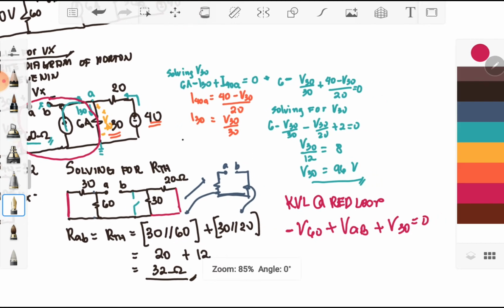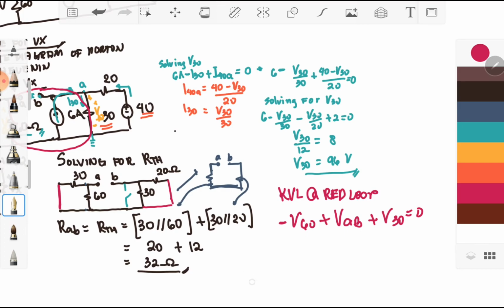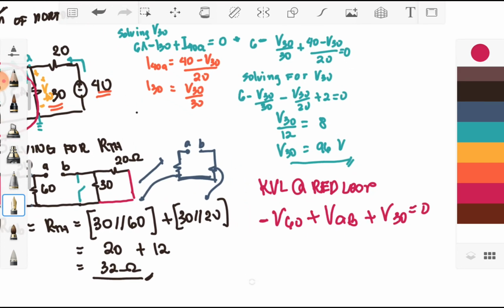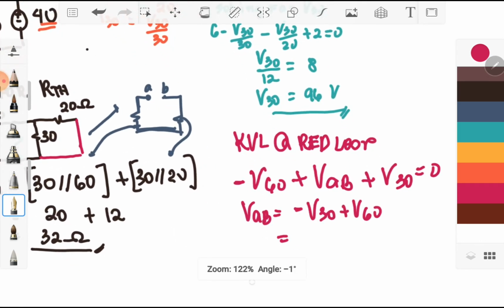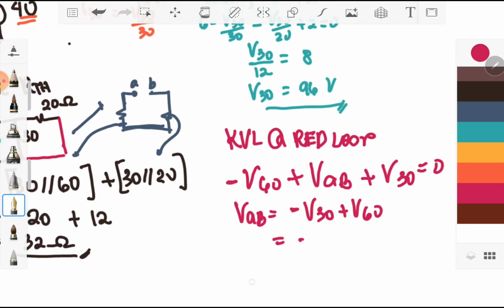Not yet. That is not yet your Vx. Okay? So your VAB therefore is equal to negative V30 plus V60, which is basically equal to negative 96 plus 60.